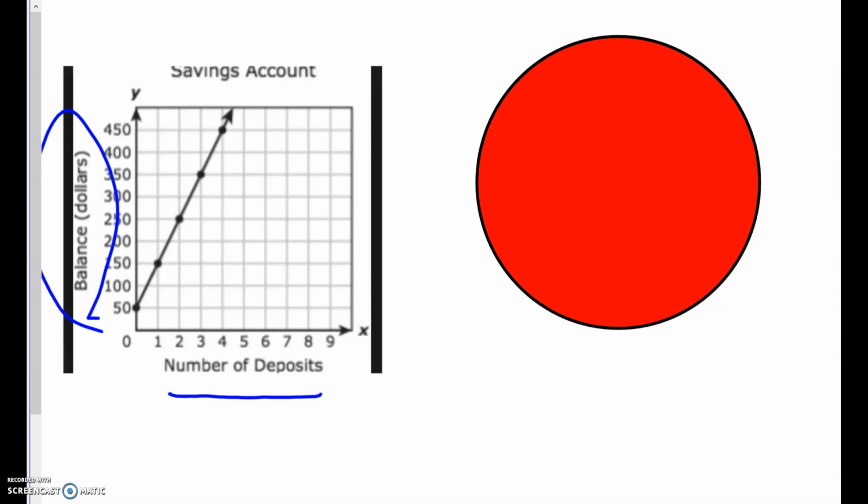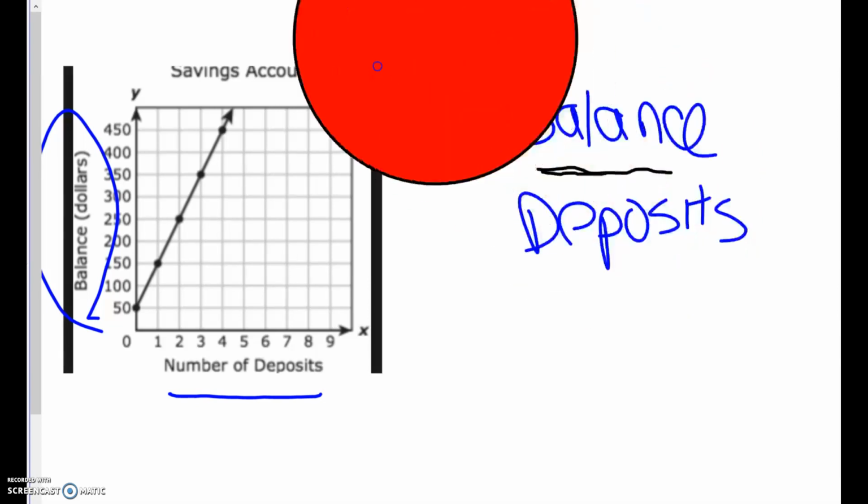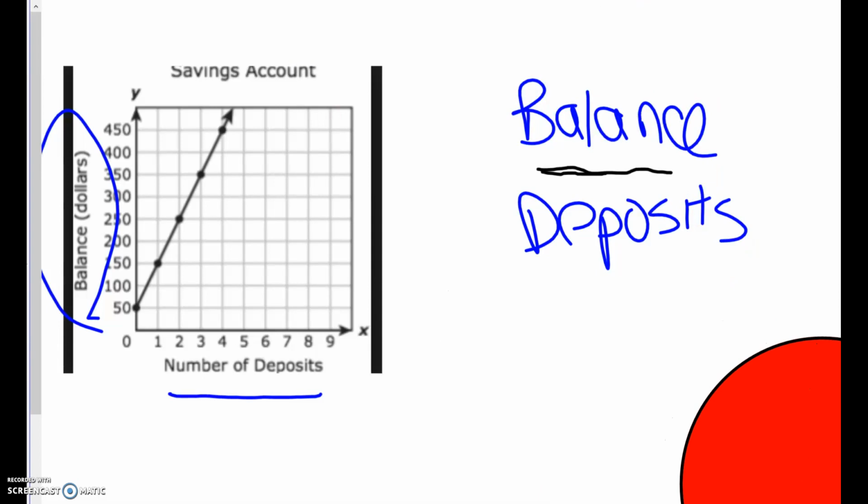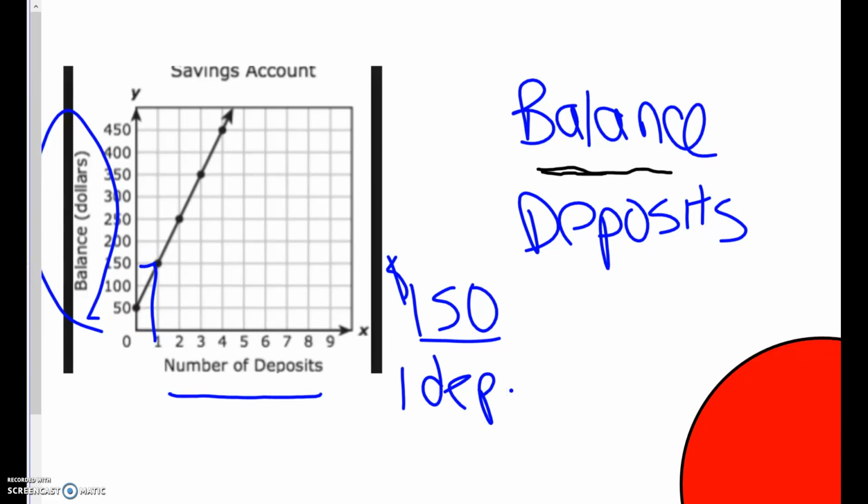So your balance depends on your deposits. Balance divided by deposits will give me my rate of change. So I have $150 per 1 deposit. That right there is done.